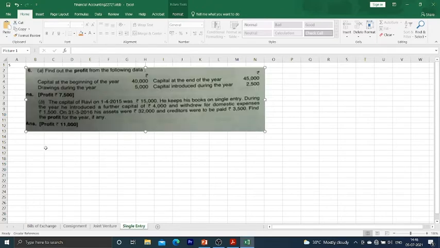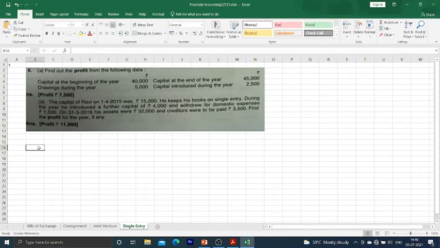Calculate the profit at the end of the year. Very simple calculation.